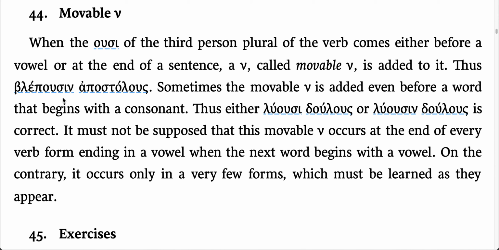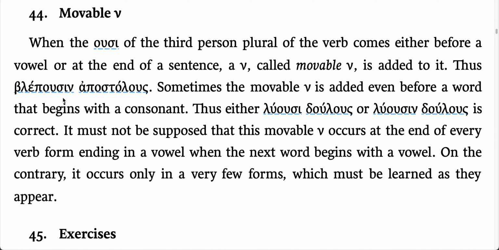Instead of saying blepousi apostolous, they said blepousin apostolous. That's how they pronounced it. You say, well, it doesn't make a difference to me. No, it doesn't. You could probably say it either way and it'd be fine. But the Greeks who lived during that period of time, it didn't make sense to them. It made better sense to say blepousin apostolous. That's just how they did it.